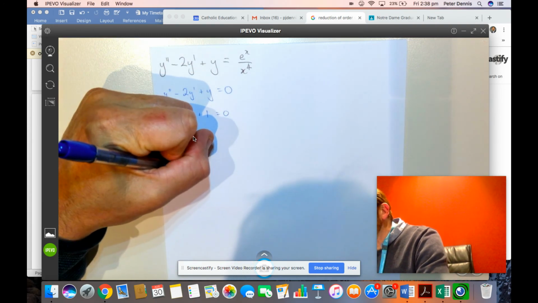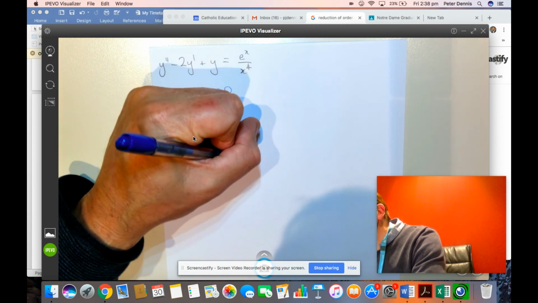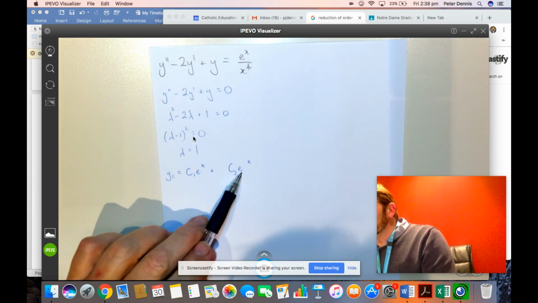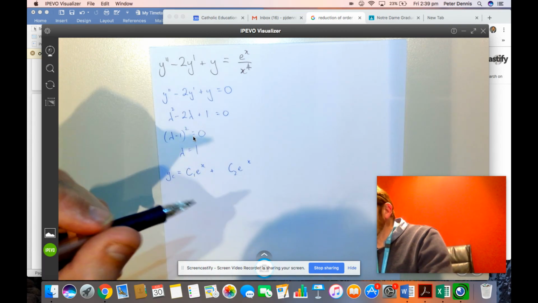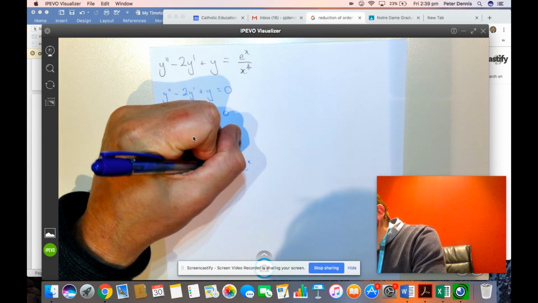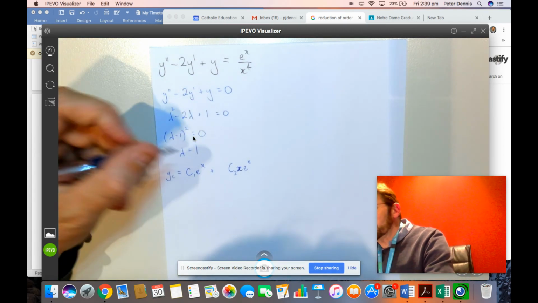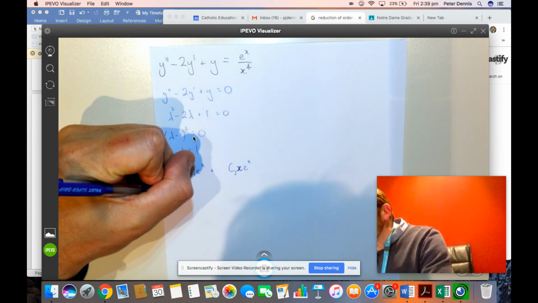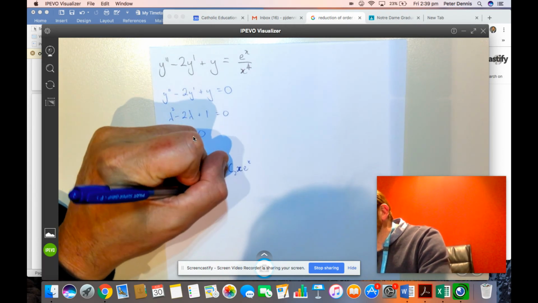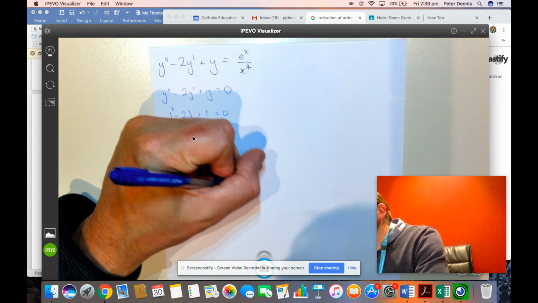Now this is one of those cases where our complementary solution is c1e to the x plus c2e to the x, but these wouldn't be linearly independent. So what we have to do is make the second solution y2. If y1 equals c1e to the x, then y2 equals c2x e to the x.